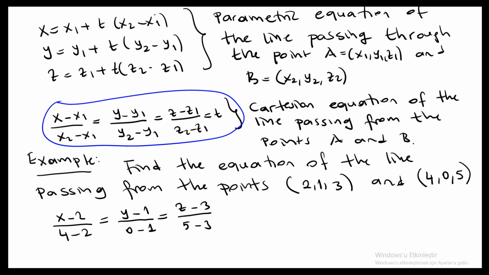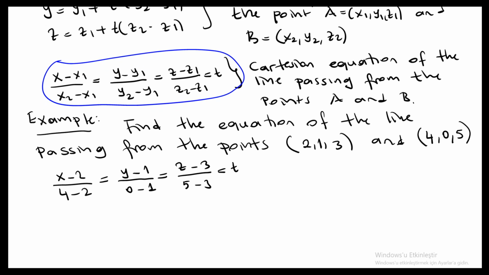If you arrange this, it is equal to t. So we have (x minus 2) over 2, (y minus 1) over -1, and (z minus 3) over 2 equals t.